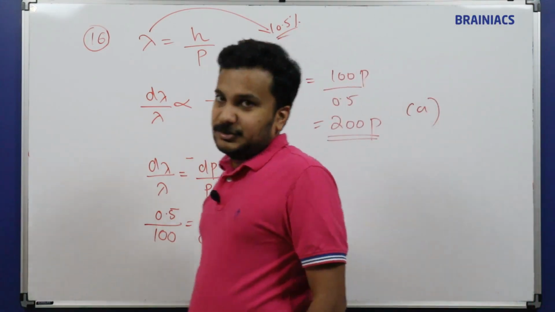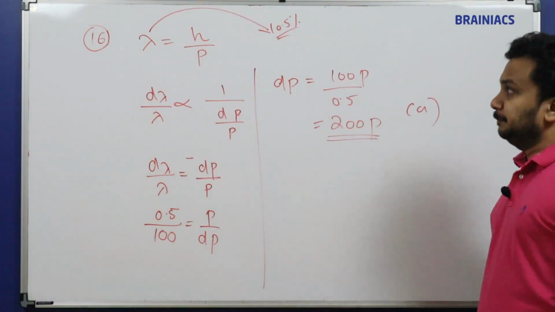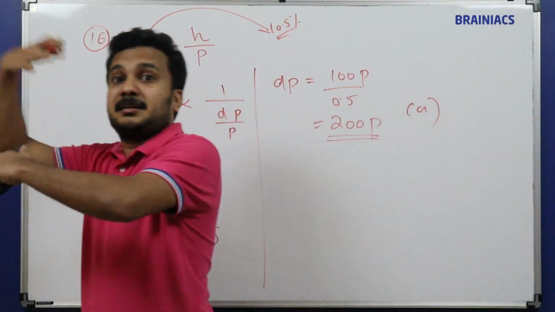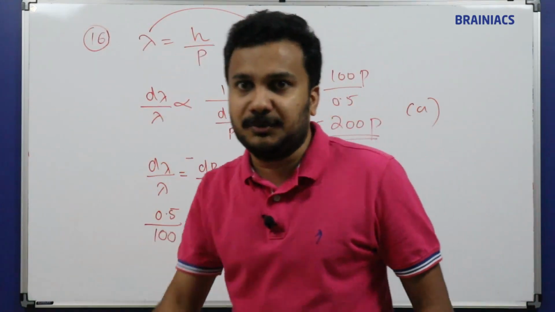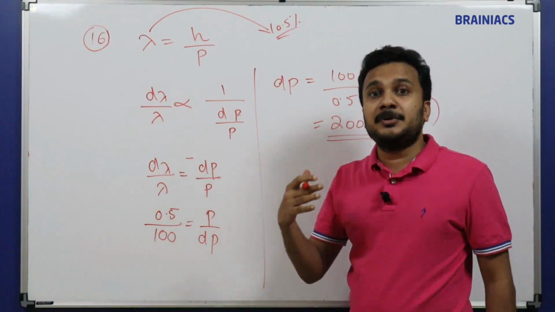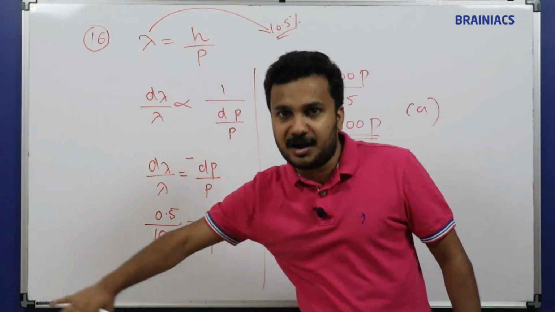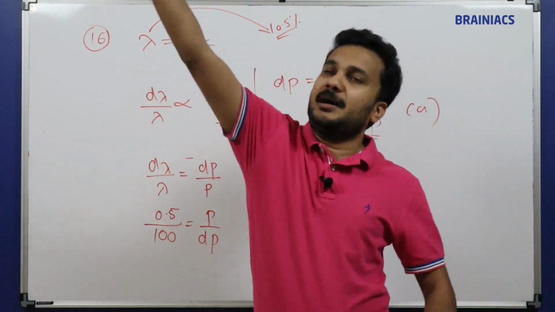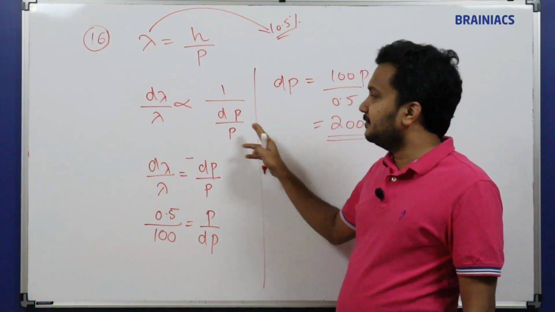So lambda is reducing by half, then the momentum increases by double. Double means it becomes 200%. Because lambda becomes half, p becomes double, 200. That is one method. This is the normal conventional method.